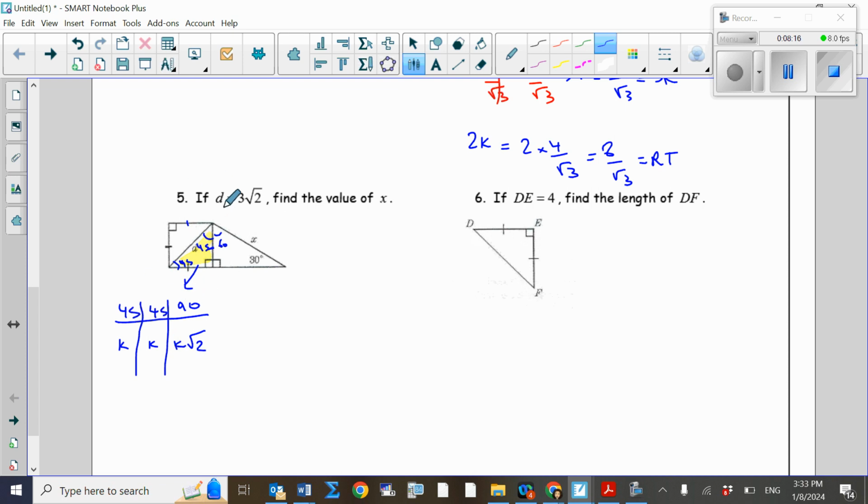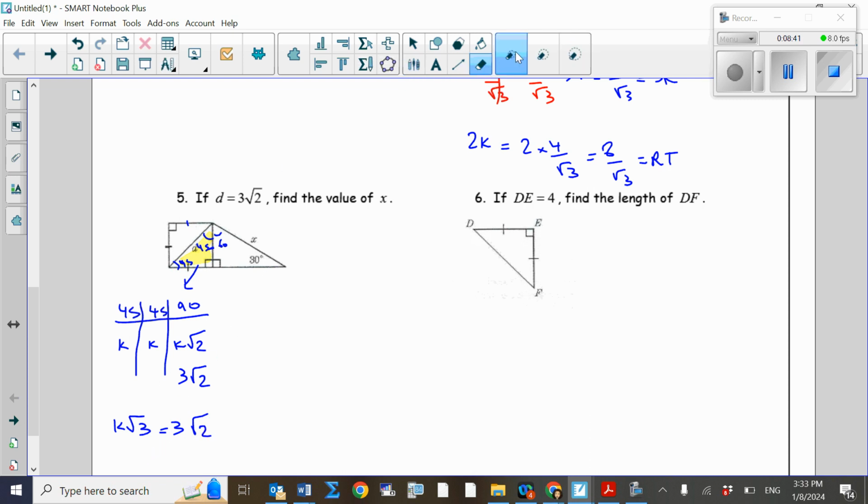I have side d here, which is opposite the 90 angle. So that's equal to 3 root 2, so I'm going to write that here. Now I'm going to use this to find the value of k.